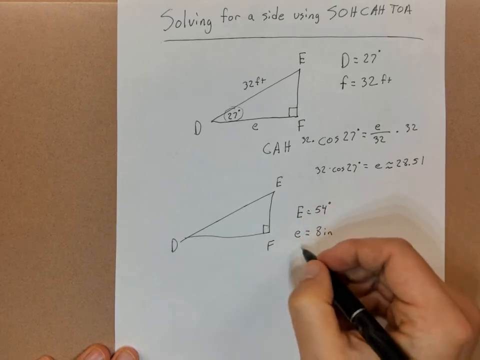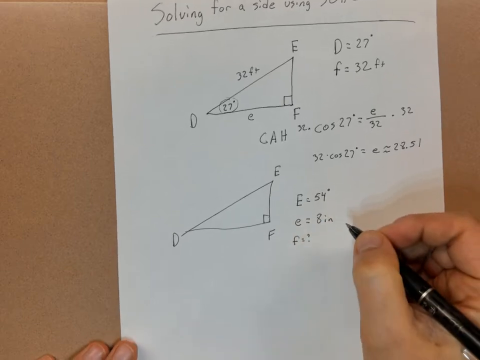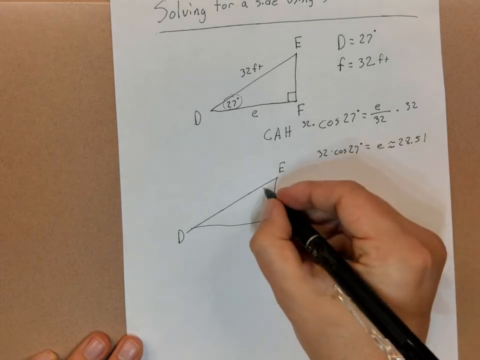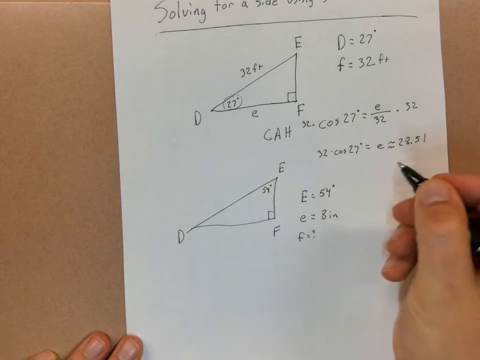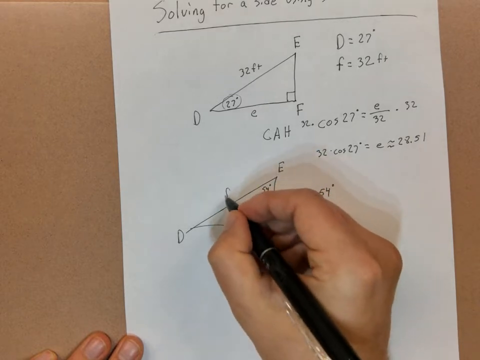And let's say that I want to find or solve for letter F. So again, I'm going to label this out here. My angle E is 54 degrees. My side E is 8, and I'm looking for F.